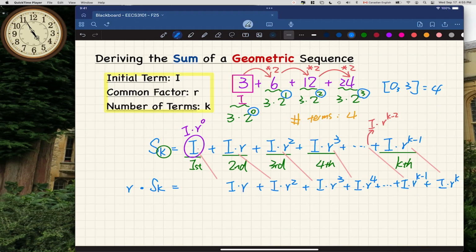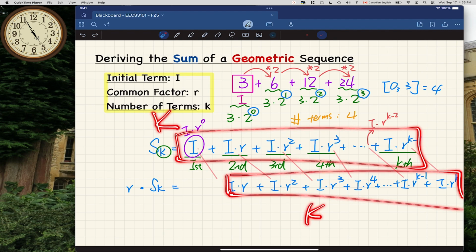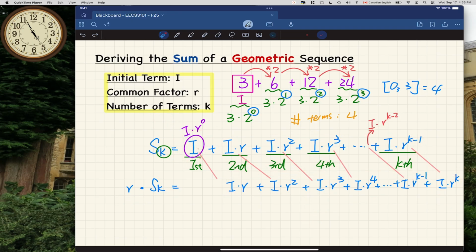So here we got exactly k terms. Here we also got exactly k terms. But because of the multiplication by r, it's almost the same sequence, except this one is gone, and we got some extra term. Right? So you can try to convince yourself. Yeah, I wish I could outline it a little bit better, but you can do better when you practice this yourself, right?